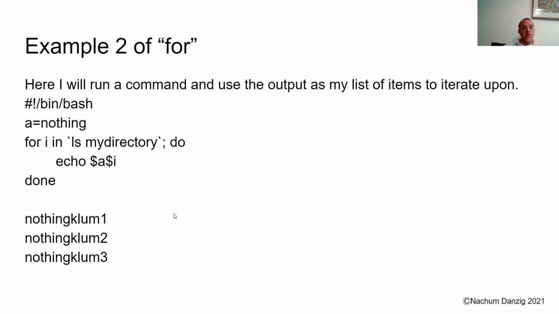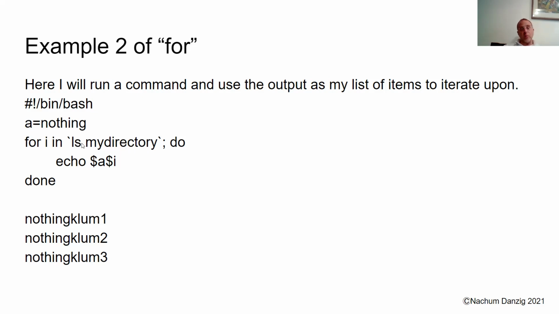Okay, here I will run a command and use the output as my list of items to iterate upon. So for example, here's my actual program. A equals nothing. It's a string. For I in, now here we talked about this a little bit. This is a backtick, and it means run the command ls my directory.